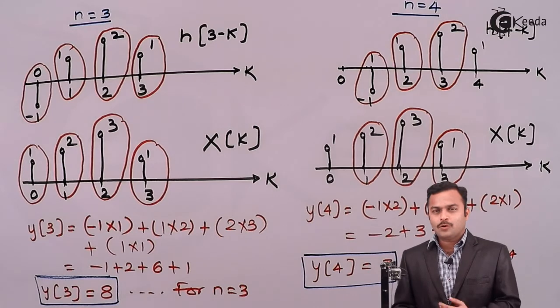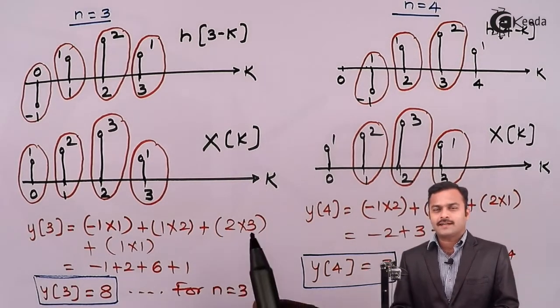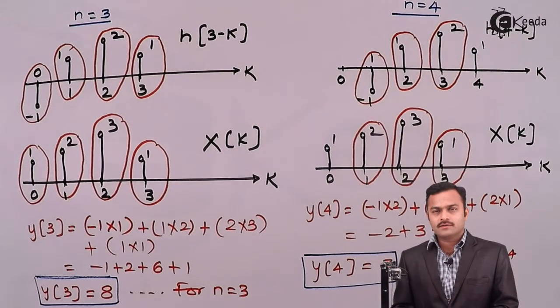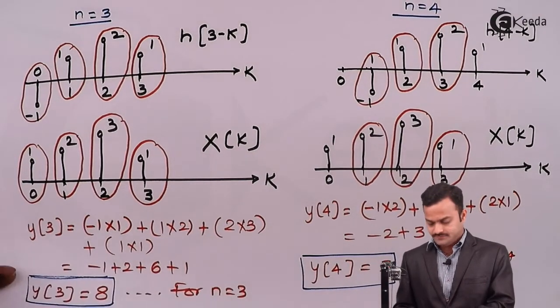This we need to keep on doing till the time we are not getting sample points common between them. So let's go ahead for one more shifting, n equal to 5.